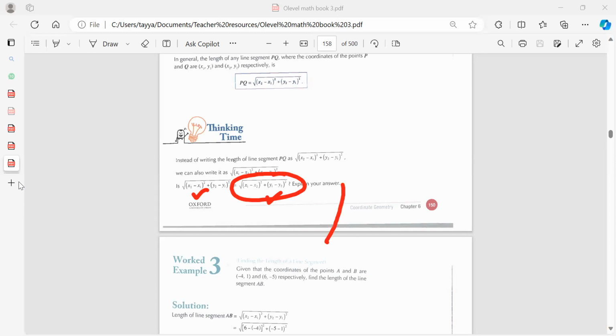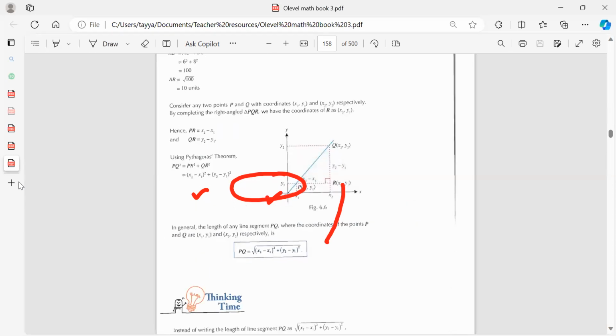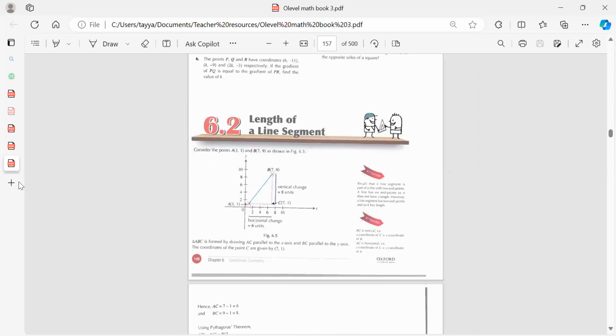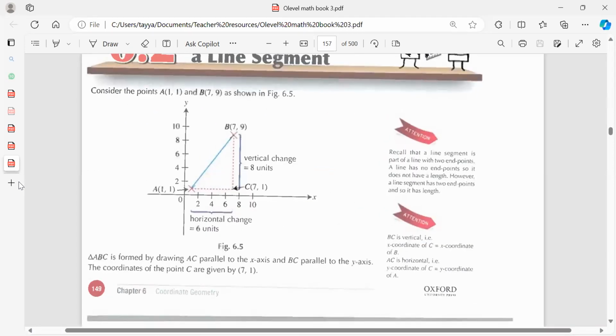Look at here. These are the points. This one is x1, this one is y1.